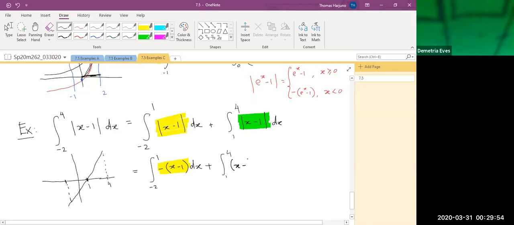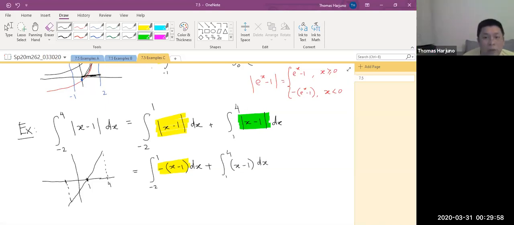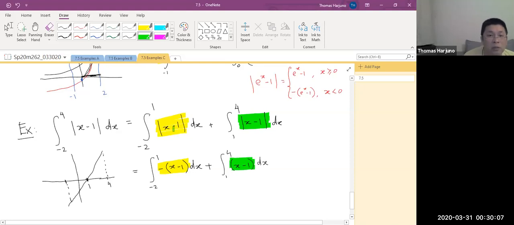So it's just regular x minus 1. That's correct. So if the guy inside the absolute sign is already positive, we can just take off the absolute sign. If the guy inside the absolute sign is negative in that interval, then I need to apply a negative sign to make it positive.